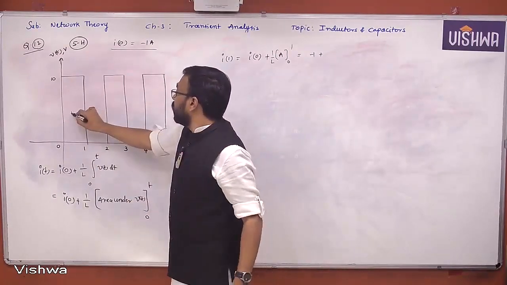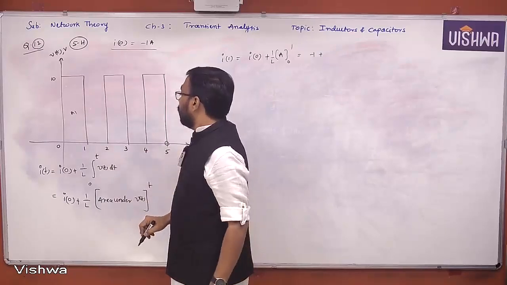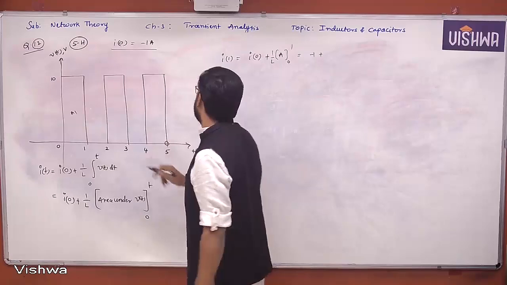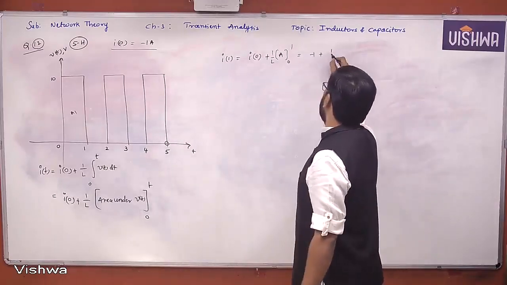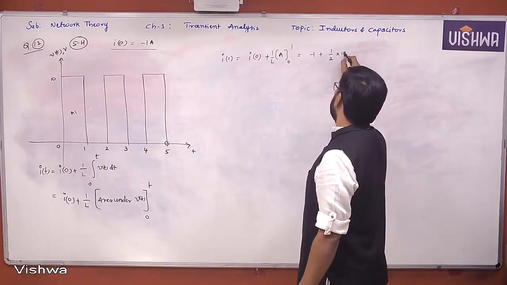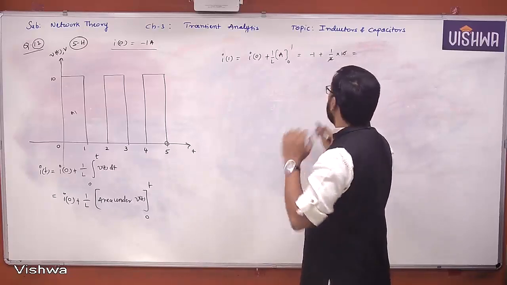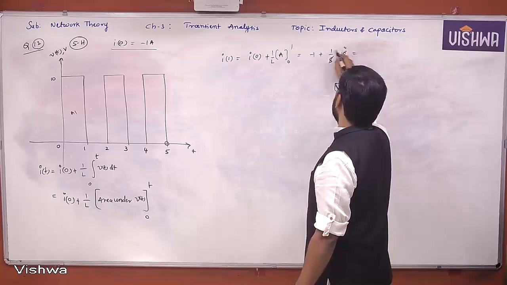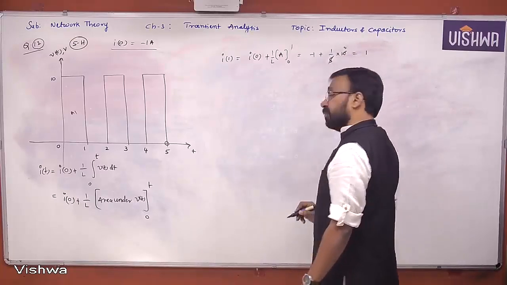Area 1 is nothing but 10 into 1, 10 divided by 5. So 1 by 2 into 10, how much is it? I'm sorry, this is 1 by 5, right? Okay, 1 by 5. So 2 minus 1, this is 1.